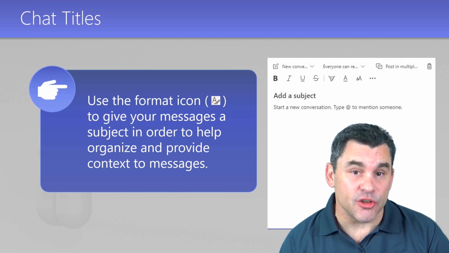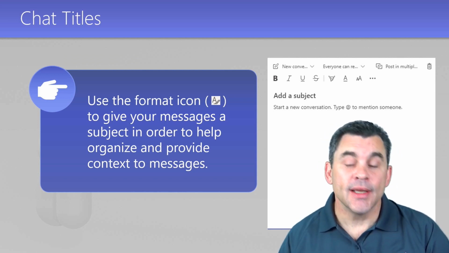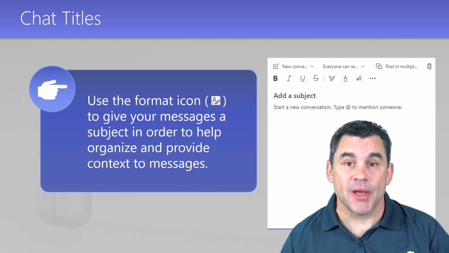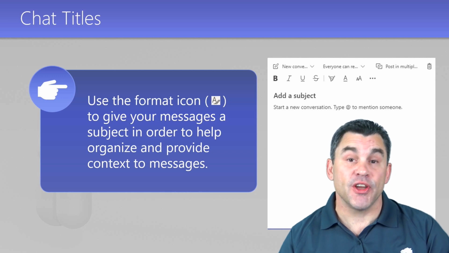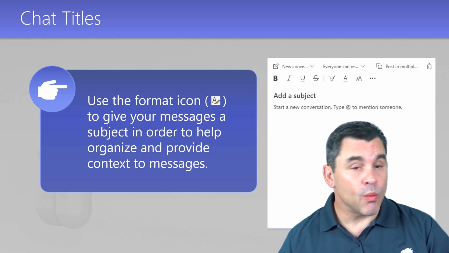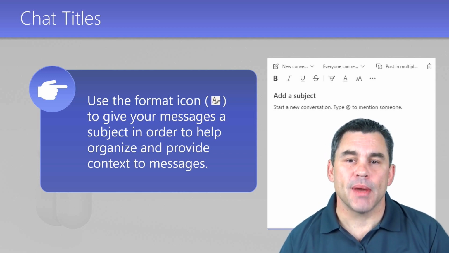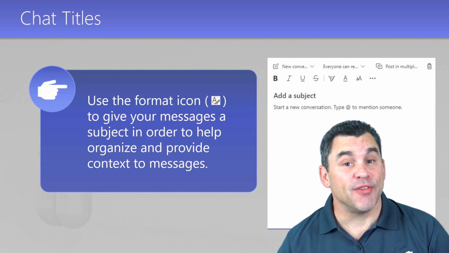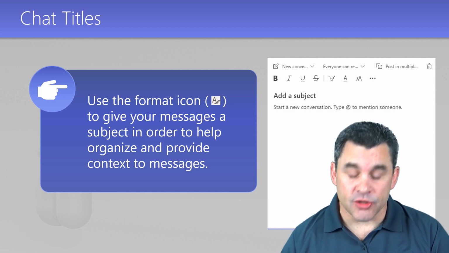Again, your activity feed, your chat environment, the more you use it, the more information is populated to it. It might be a good idea to implement some sort of legend or some sort of configuration functionality to identify different conversations, whether this be colors, whether this be bold font. Use your format icon to give your messages specific content availability or organization to make it easier to navigate.